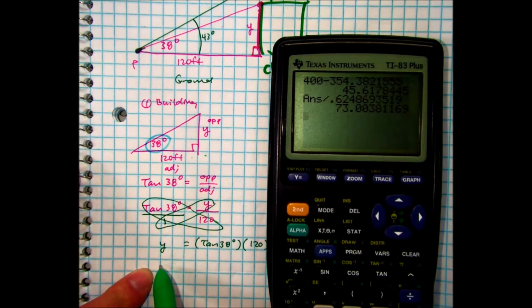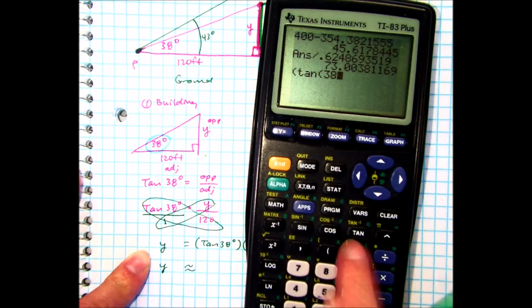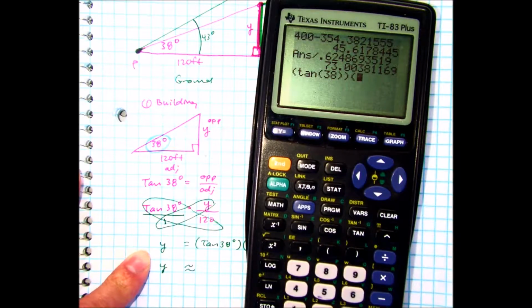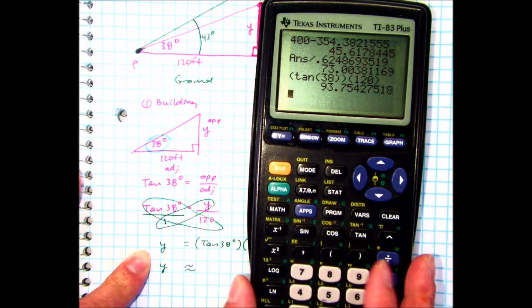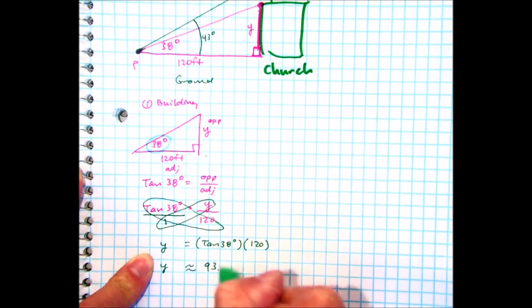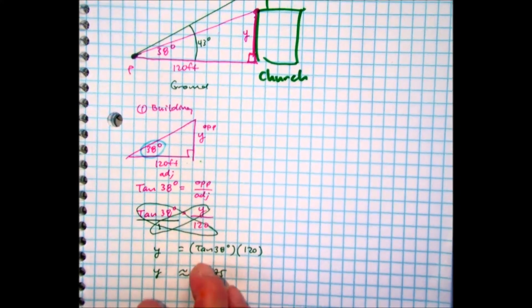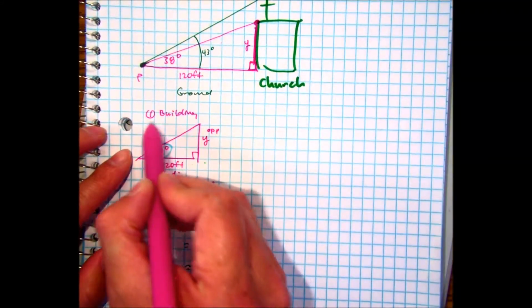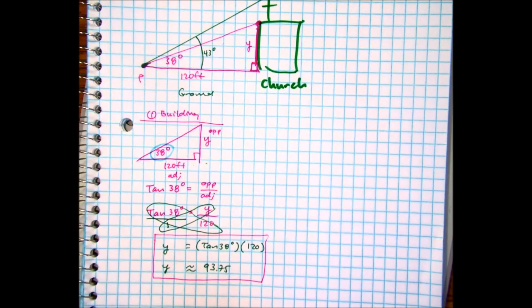What I'm going to do now is round, and this gives me an idea, but I think the one on top is better. Tangent of 38 times 120 is 93.75. So far, all we did was find the height of y, which is the building, and that is approximately 93.75.